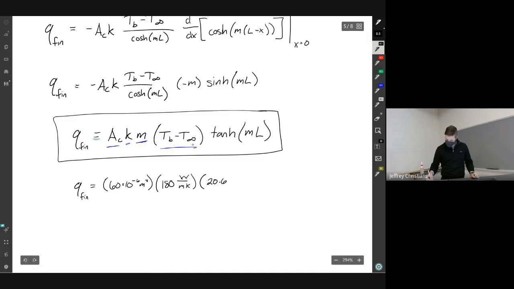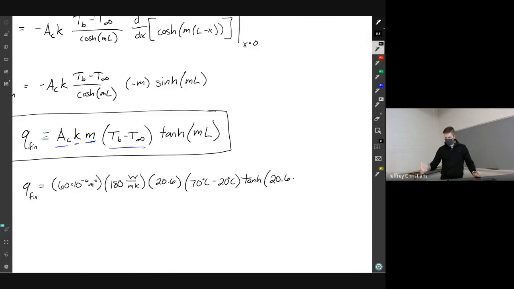Our temperature difference was 70 C minus 20 C, times the hyperbolic tangent of 20.6 times our length.